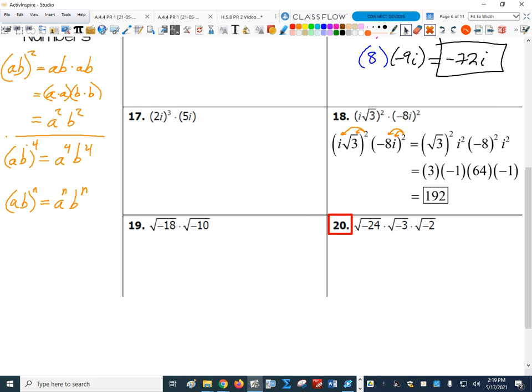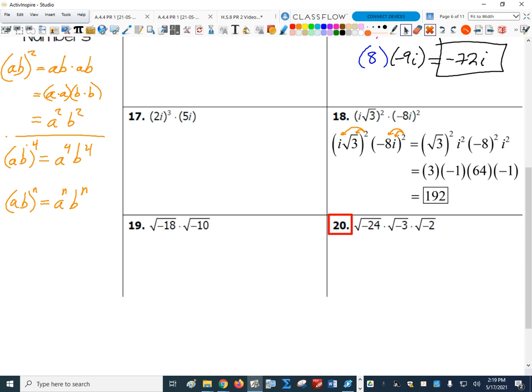Okay? Now, number 20, I want to show you something on number 20 that's kind of important here. I can't treat those numbers inside the radical the same way I did when I was dealing with real numbers, and I said the square root of a times the square root of b equals the square root of a times b, right?